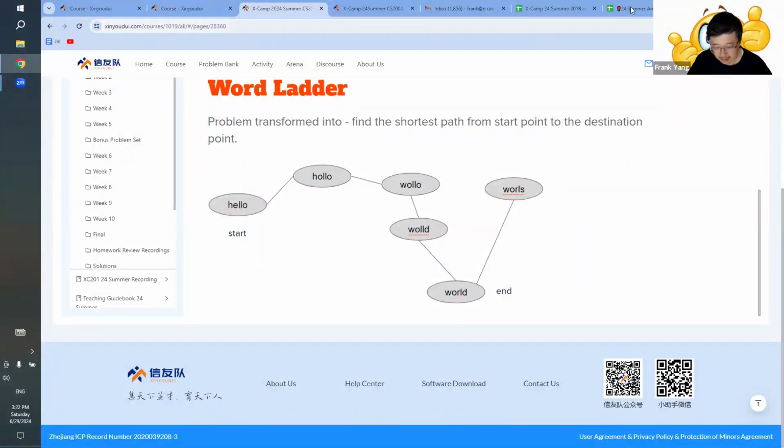The second thing is that in my class I have a class policy that is not generic for all school classes, right? For others, you have to keep the camera on and you have to attend the class. If you don't attend the class, you have to tell the school that you're not attending.